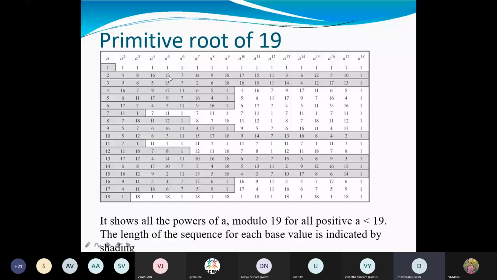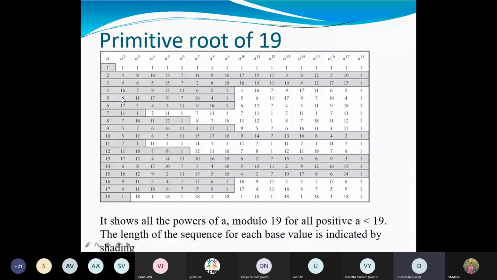In the case of the number 3, we say here that 3 square is 9, then 4 square is 16. When we say 5 square, that is 25, and 25 modulo 19 is going to give you the value 6. So the value obtained here is 6.